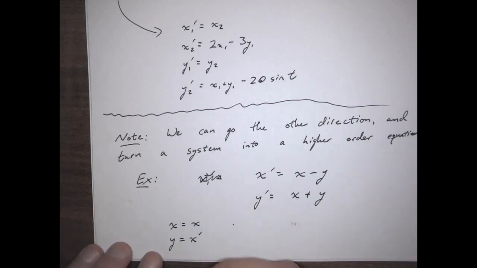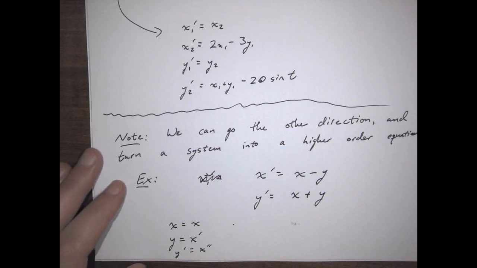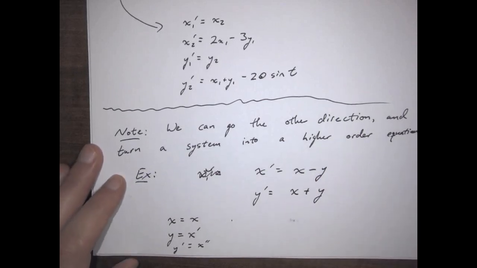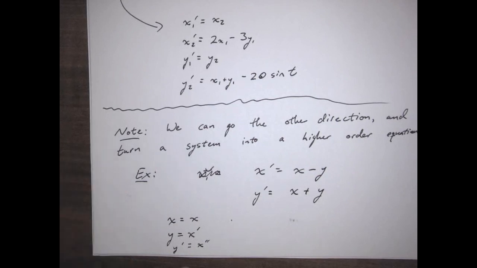So then what that means is that y prime is going to equal x double prime. And now what we can do is we can take the original system of equations in 2 variables and make them a combination of x primes and double primes, and we can hopefully try to figure out a way to put them all together into just one equation.